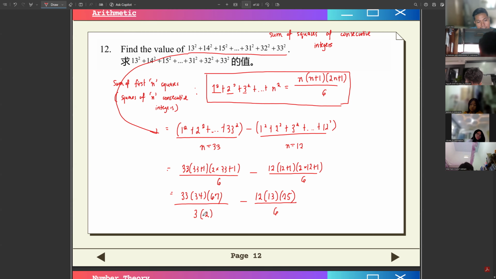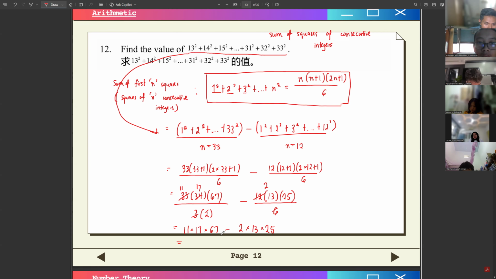I broke down the 6 as 3 times 2 so that I can cancel. 33 over 3 is 11. 34 over 2 is 17. So we have 11 times 17 times 67, minus 12 over 6, we can cancel, right? This is just 2. So we have 2 times 13 times 25.